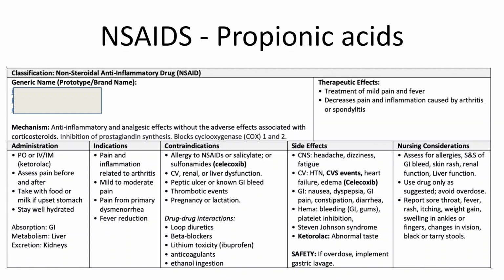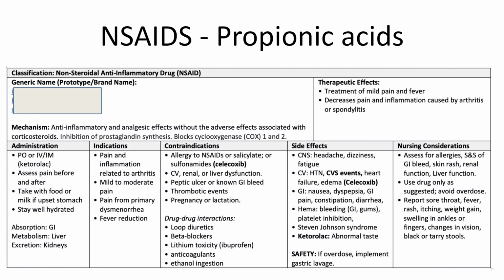It's an anti-inflammatory and analgesic, with an effect similar to that of the corticosteroids, but without the adverse effects of the corticosteroids. It reduces the inflammatory pathologies, and it inhibits prostaglandin synthesis.